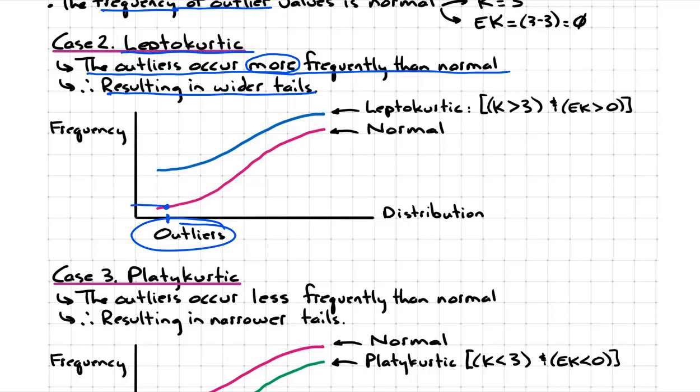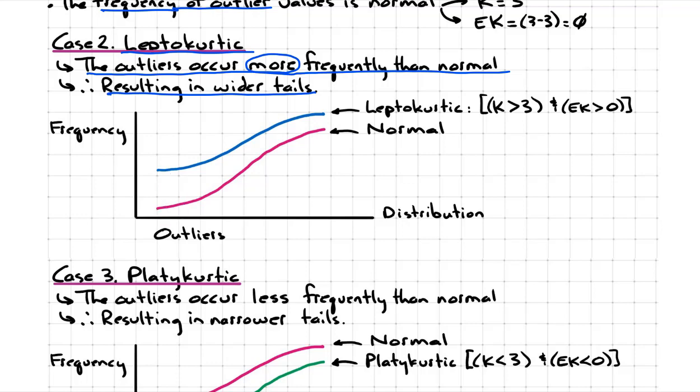So if you tell me that the outliers are occurring more often, here's an outlier right there, and normal says it occurs this many times. But actually, if it's leptokurtic, it means it's occurring that many times. So it's occurring more often than normal. So that's why you get wider tails. You could see, this is the tail area, and with leptokurtic, you could see that the tail is wider versus just the normal.